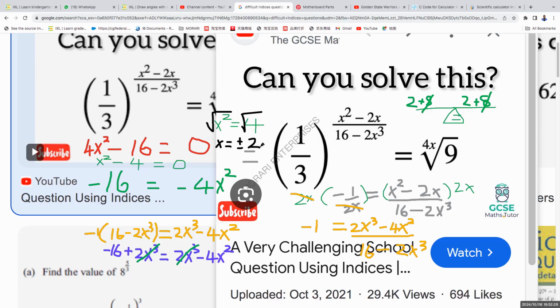Because if you square negative 2, you still have 4. If you square positive 2, you still have 4. So the square root of anything will give you the plus and the minus. You should always remember that. Because if you multiply 2 negatives, you will get positive. You multiply 2 positives, you still have positive. So the square root now gives you plus and minus.